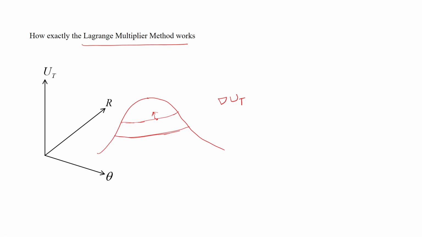Now, we are not allowed to take any value of r and theta because there is a constraint. Let us say this is the constraint. The constraint is represented by this particular surface which cuts this 3-dimensional surface along these lines.